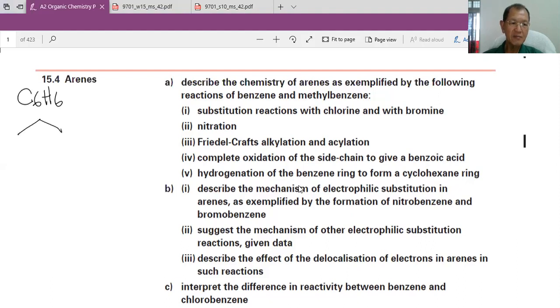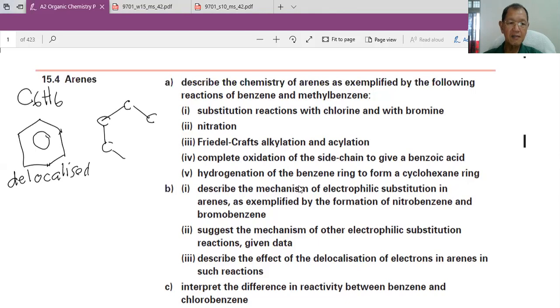Like this, you've seen before in AS. Okay, and here, we'll explain this later. But this is called the delocalized model. The other one is the Kekulé structure, where they draw the carbon here and there to be accurate.